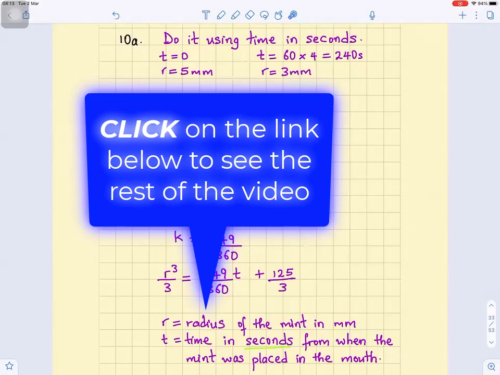So r is the radius of the mint in millimeters. T is the time in seconds from when you place the mint in your mouth. And k is 49 over 360.